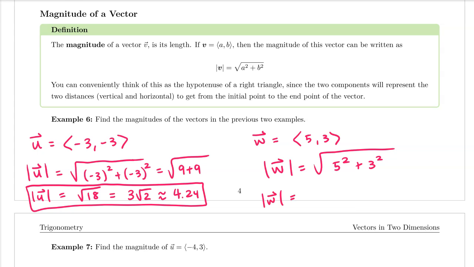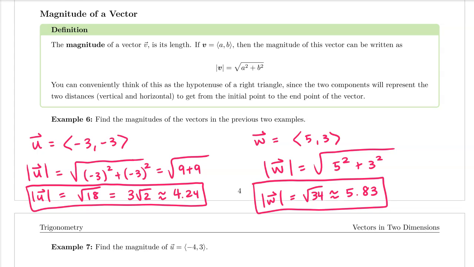So let's see, 5 squared is 25, plus 3 squared is 9. So that would be the square root of 34. And again, if we rounded this to 2 decimal places, this would be approximately 5.83. So those are the magnitudes of the two vectors that we just looked at.